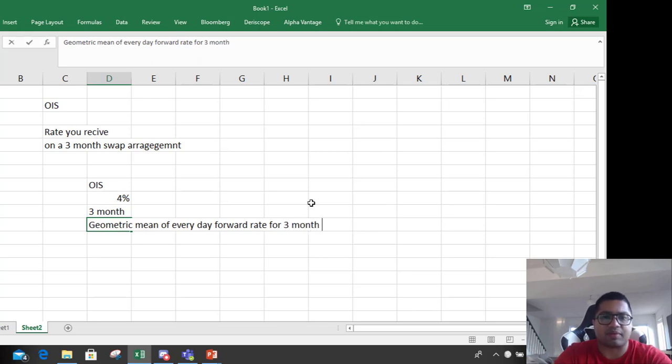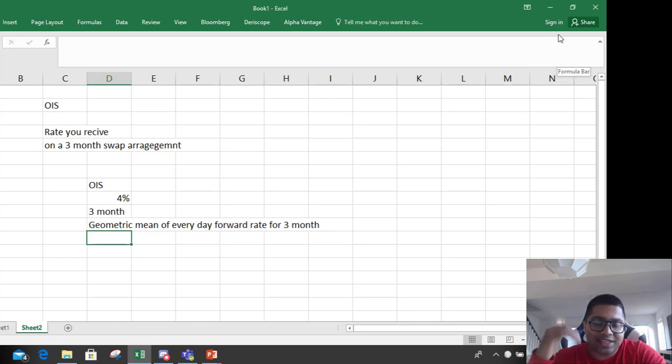Now I'll explain one by one. First of all, what is a forward rate? Forward rate is expectation of interest rate. Let's say this is September 20. If I get into an agreement right now, what rate will I receive? I will receive the geometric mean of expectations for the next 30 days.